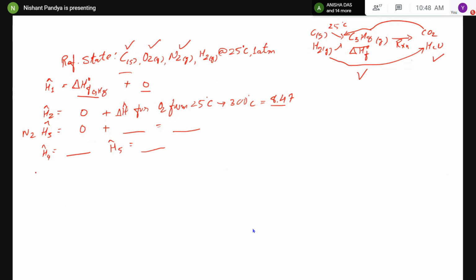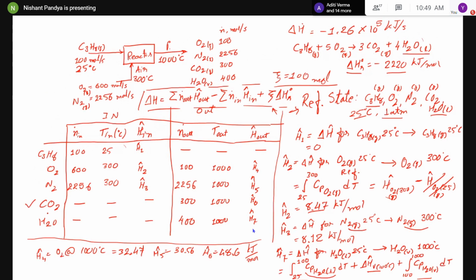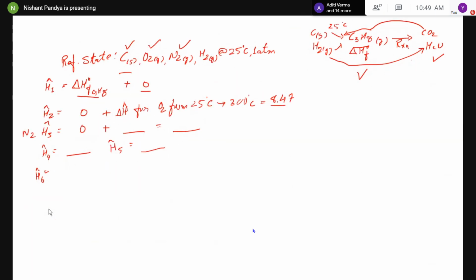Now H6 cap is not an element. H6 cap is for CO2, so now we have to do two parts. Part one, delta HF dot of CO2, plus the enthalpy change of CO2 from 25 degrees Celsius to 1000 degrees Celsius, the integral of Cp CO2 gas phase dT.